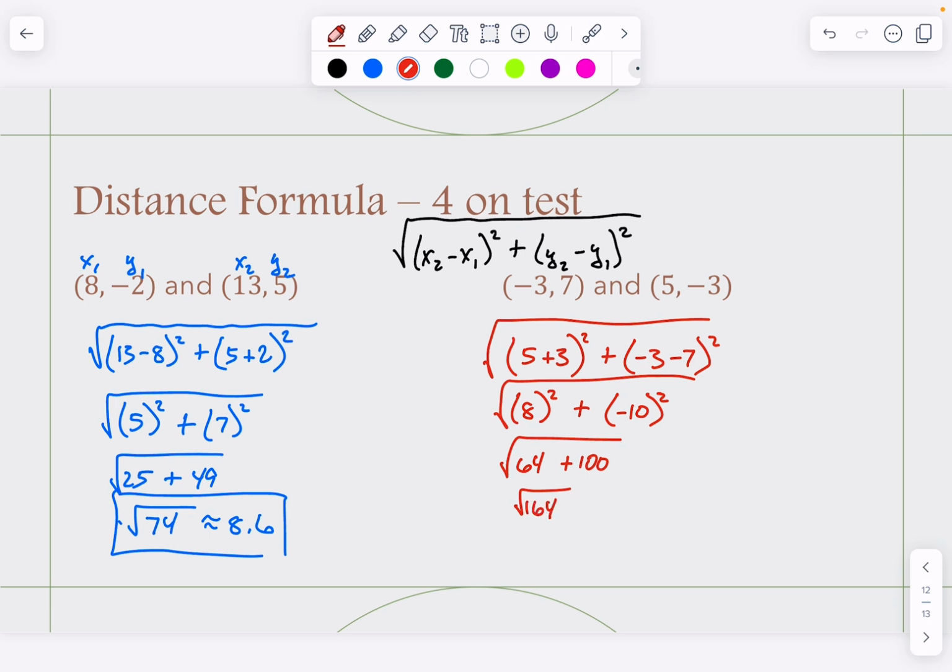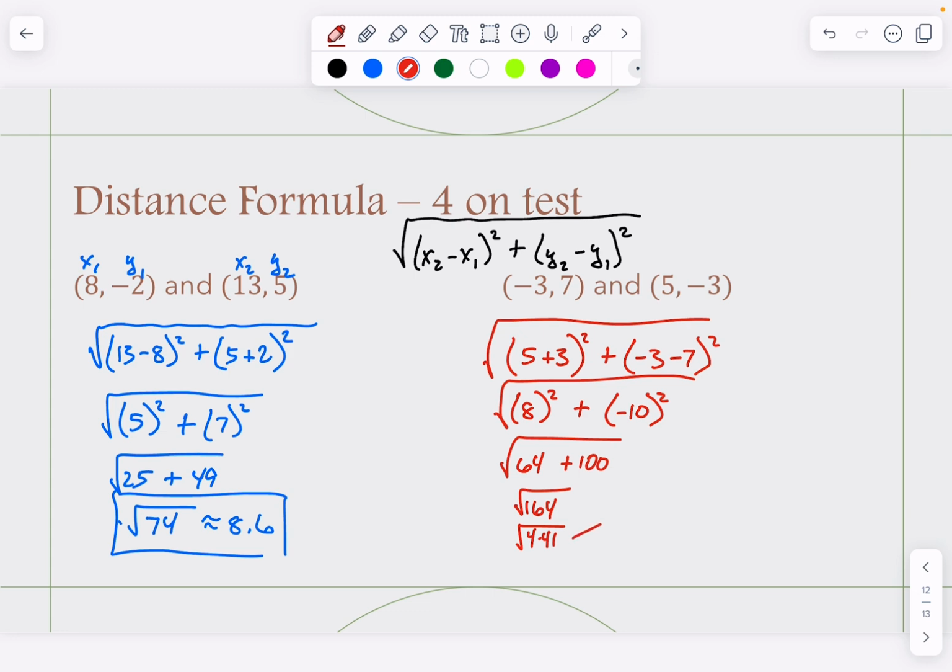And this time, I definitely know there's a perfect square left in there, so we need to simplify that. 164 is the same thing as 4 times 41. 4 is the perfect square factor in there.